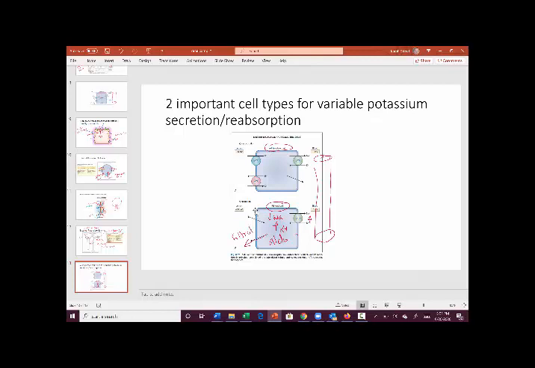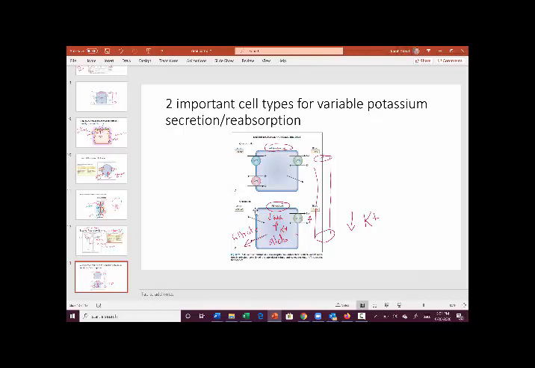And sodium will have a greater driving force to come inside the cell. This is why aldosterone leads to more sodium and water retention, but we get more potassium secretion. So the principal cell is all about reducing potassium from your blood. It helps you if you have hyperkalemia.